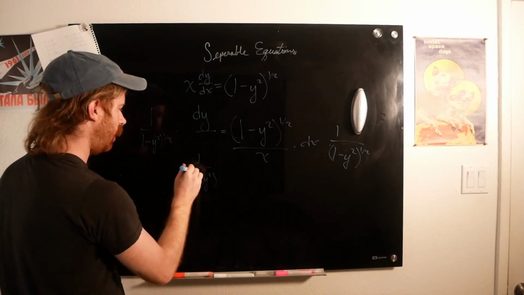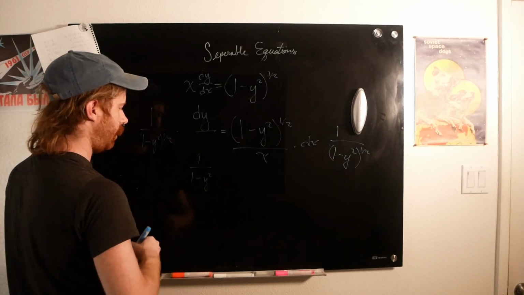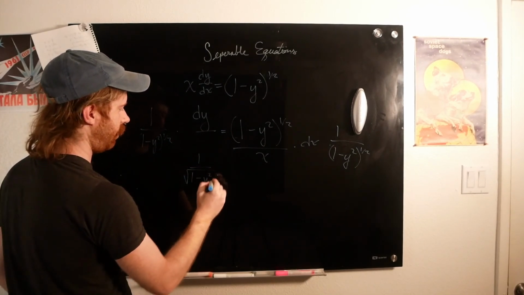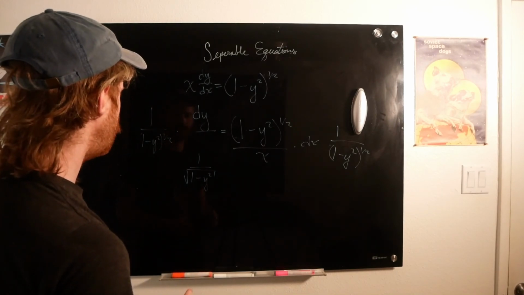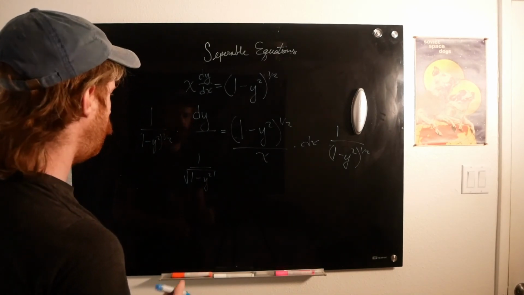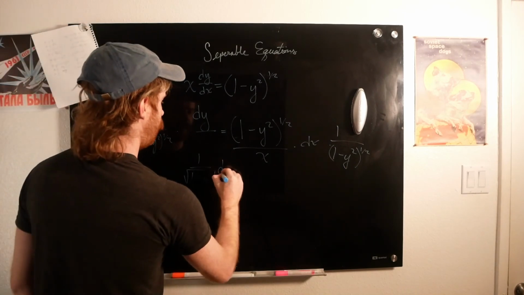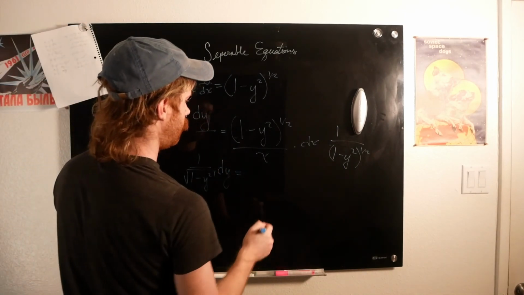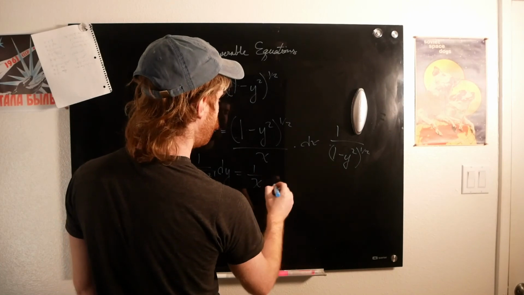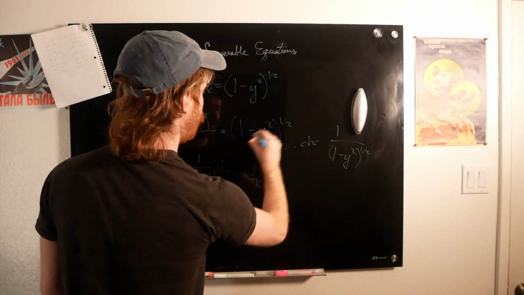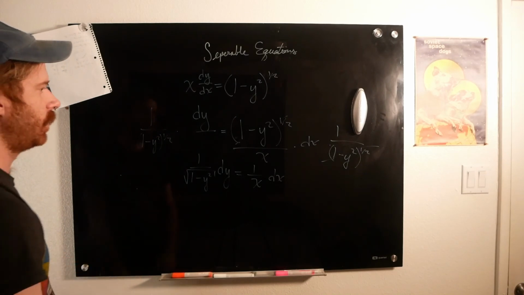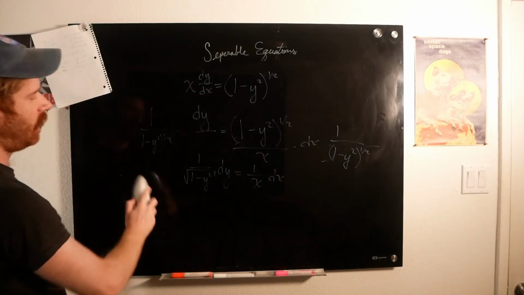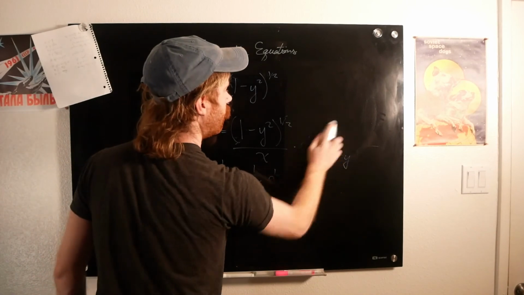We'll just use a square root right here, because that should look pretty familiar to you. So this times dy equals 1 over x dx, because these cancel whenever you're multiplying by the reciprocal. So I'm going to erase all this work up top, copy this up here, and we'll keep going.